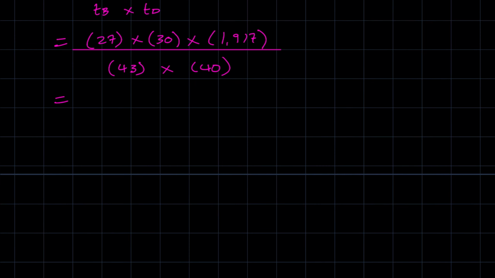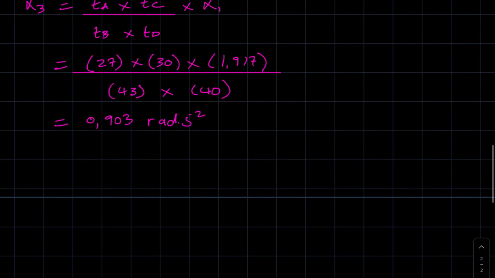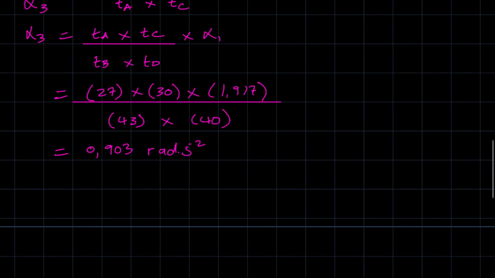If you punch this in your calculators, we are going to get 0,903 radians per second squared. So now we have the angular acceleration for the output shaft.